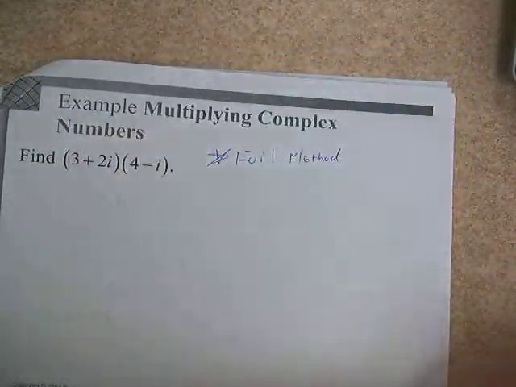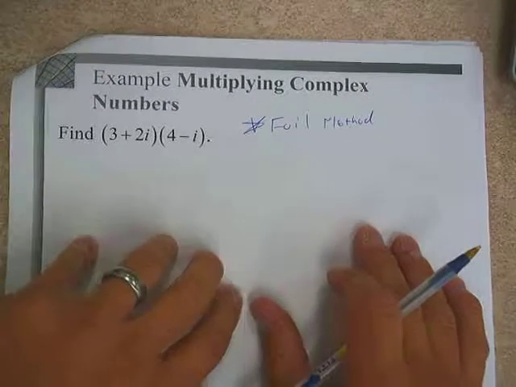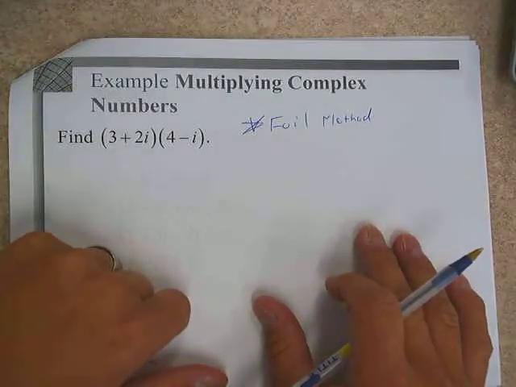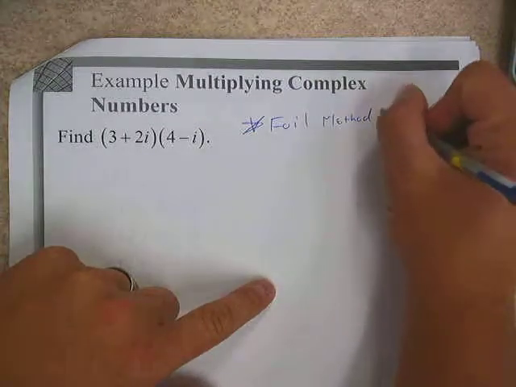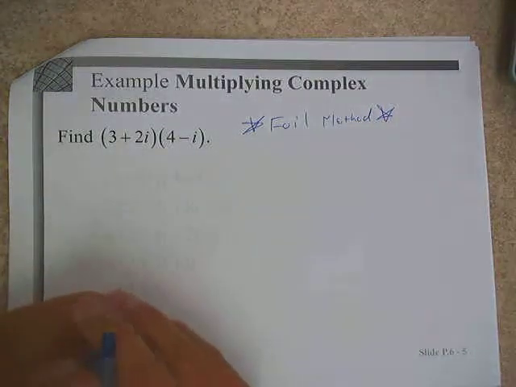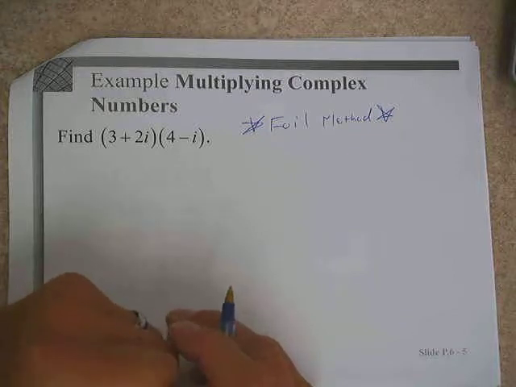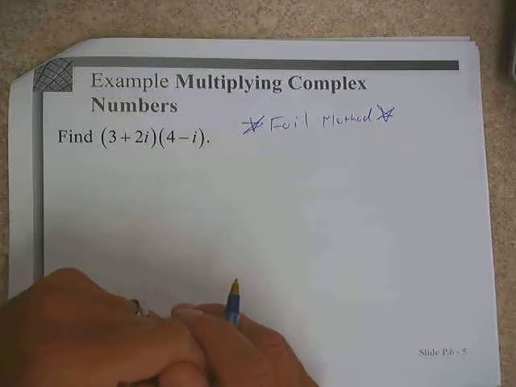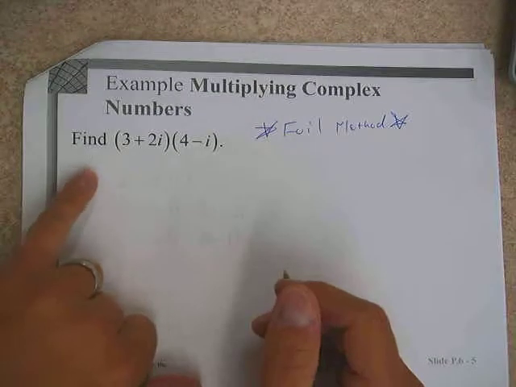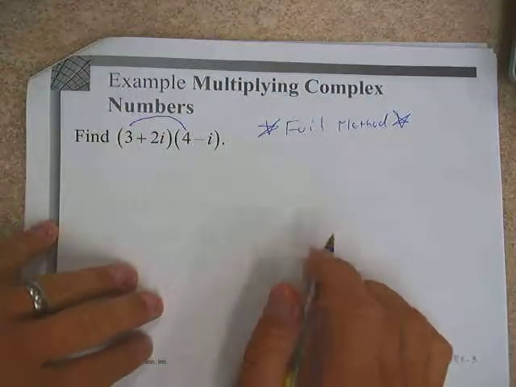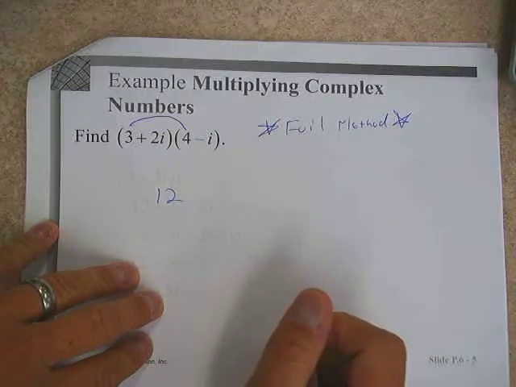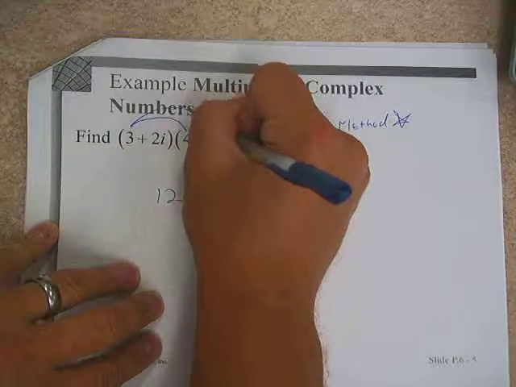All right. The next part then is multiplying complex numbers. When we have two complex numbers, both of the form a plus bi, I have a hint right here. It says use the FOIL method. So we're just going to treat them like they're binomials. If we do the first, which would be 3 times 4, that would be 12.